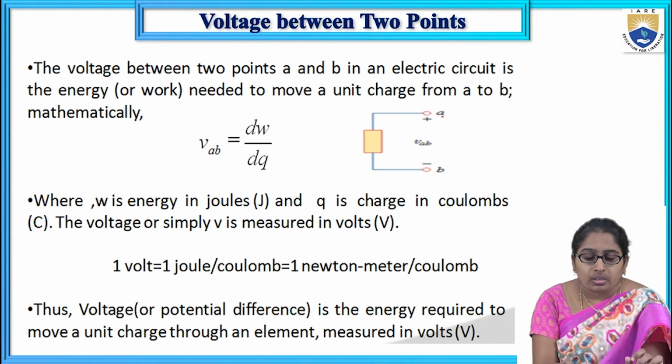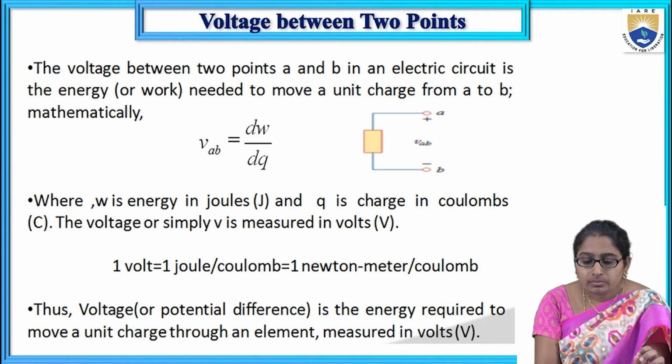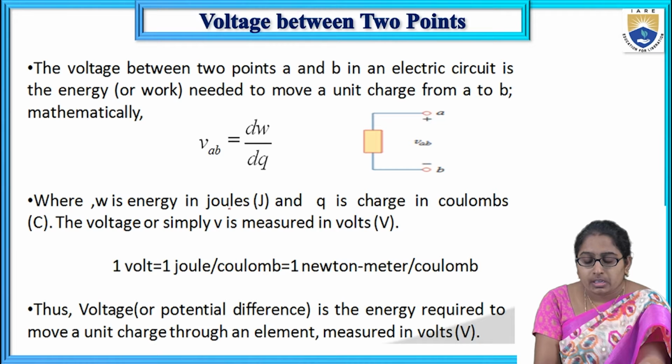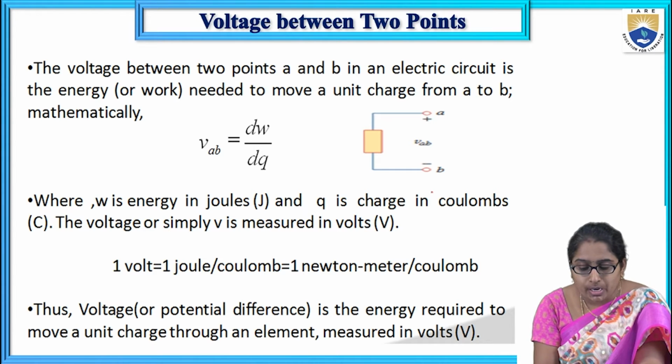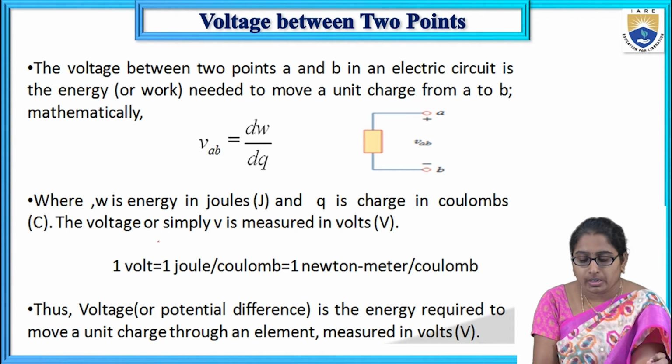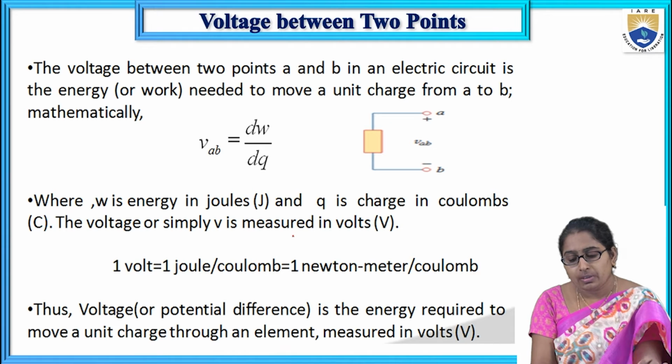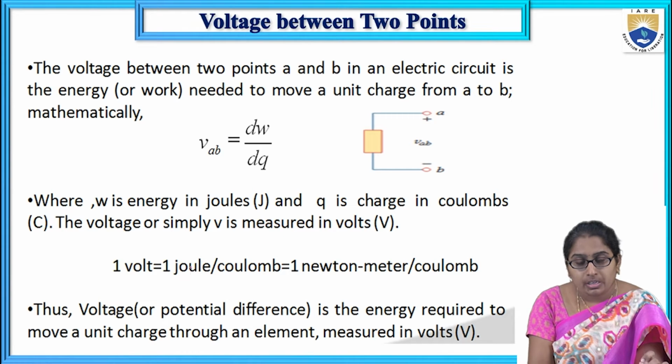Mathematically it is given by V_AB equal to dW by dQ. Here W is the energy in joules, Q is the charge in coulombs. Voltage is denoted with letter V and units are volts, given by joule by coulomb.